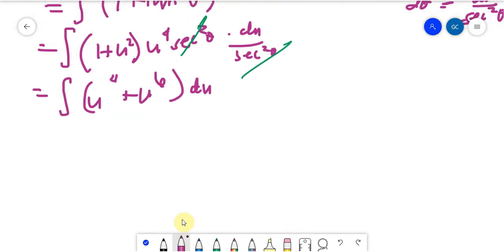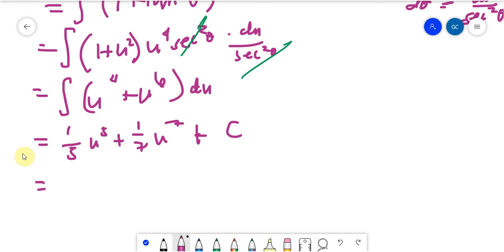Apply power rule. So we have 1 over 5 u to the 5th plus 1 over 7 u to the 7th plus c. Substitute back what is u.